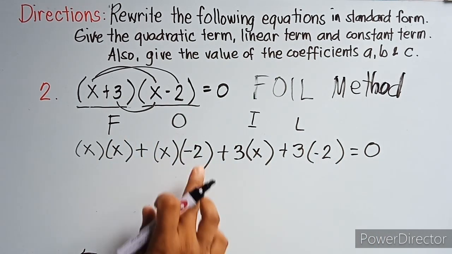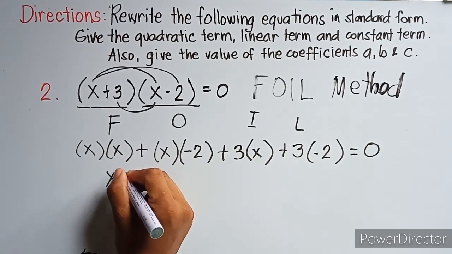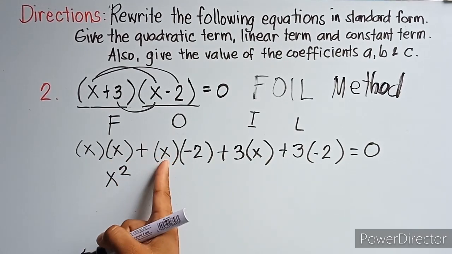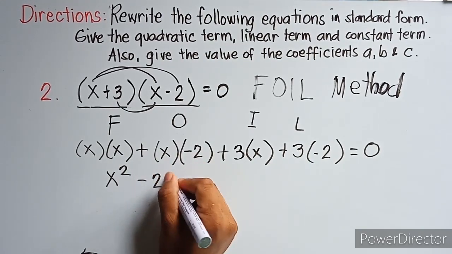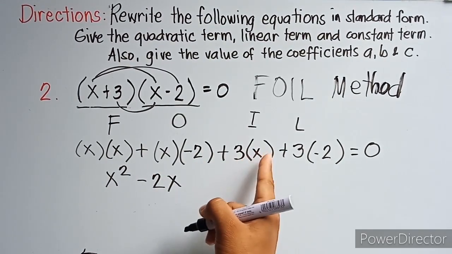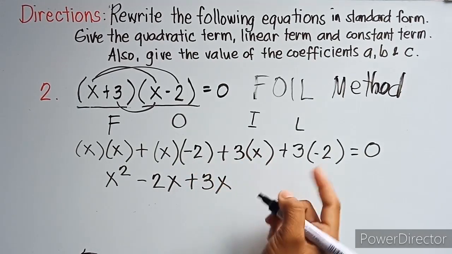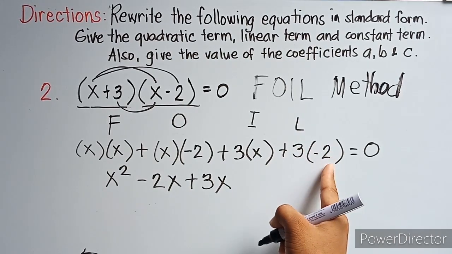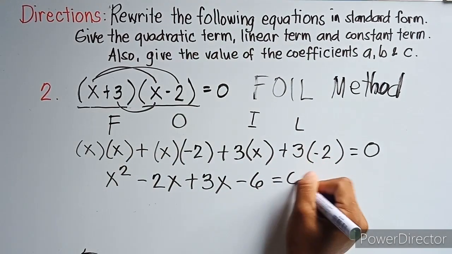Now, let's multiply. So we have x times x squared. Then x times negative 2, negative 2x. 3 times x, 3x. Positive 3 times negative 2, negative 6 equals 0.